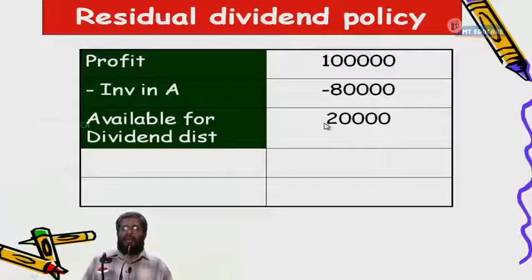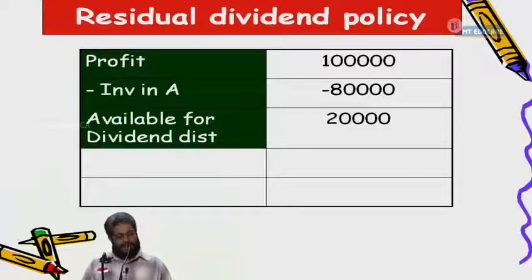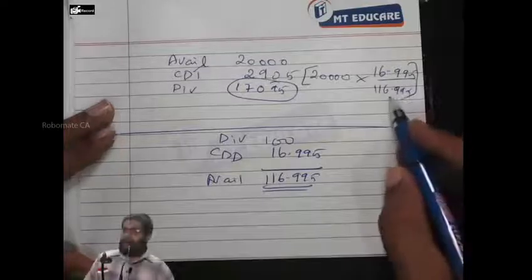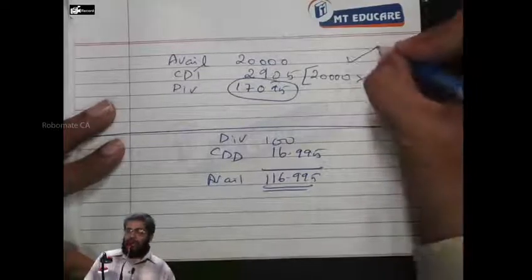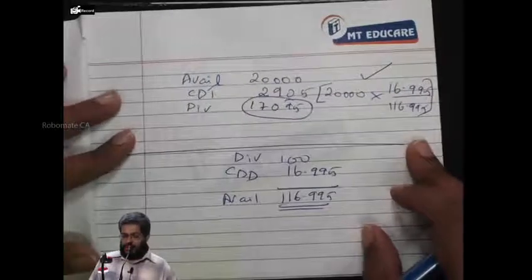Can we distribute the entire 20,000 to shareholders? No, we have to pay CDT. Write down: CDT is equal to 20,000 into 16.995 divided by 116.995.